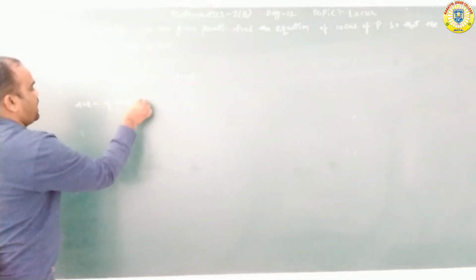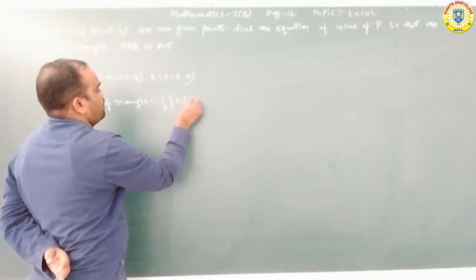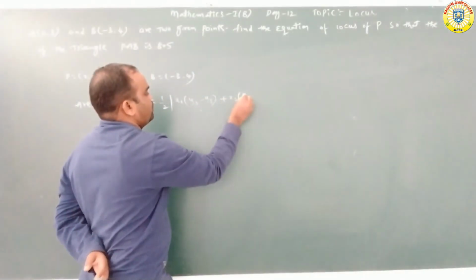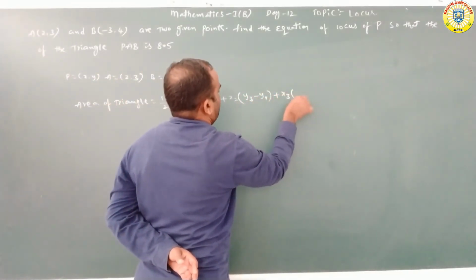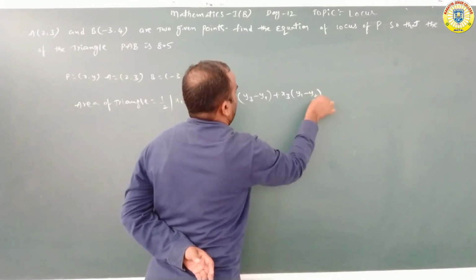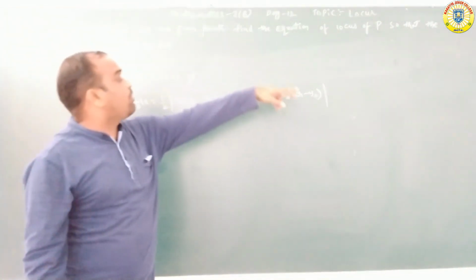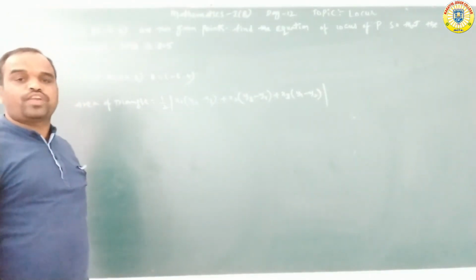Area of triangle is equal to half into x1 (y2 minus y3) plus x2 (y3 minus y1) plus x3 (y1 minus y2). This is the area of the triangle, and it is equal to 8.5. So do this problem as homework.